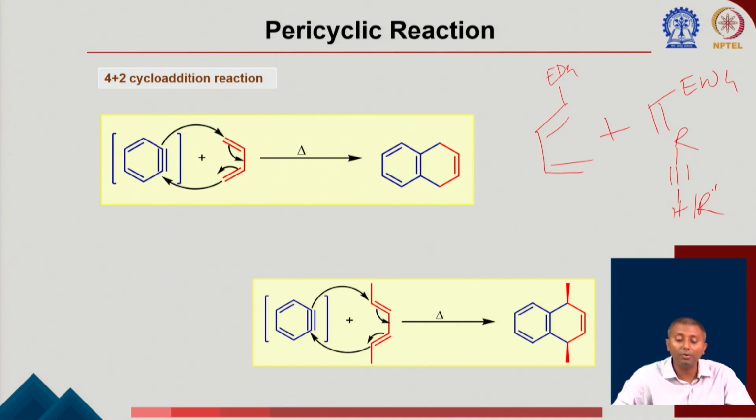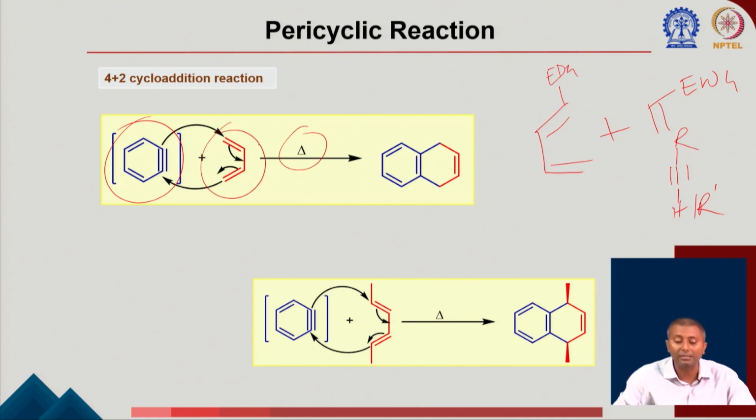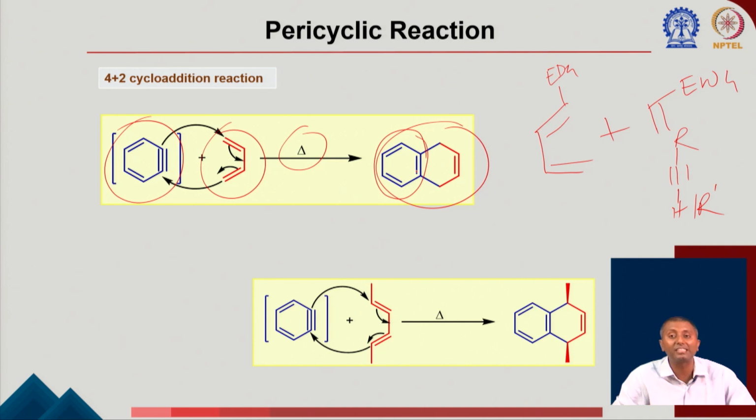So here benzyne is going to act as a dienophile. If you take a diene and heat it, it is going to participate in a Diels-Alder reaction, a 4+2 cycloaddition, to form this product. If you see the major difference here, in every single product a benzene ring gets attached. In the 4+2 cycloaddition we form a cyclohexene; here, with the cyclohexene, a benzene is attached.